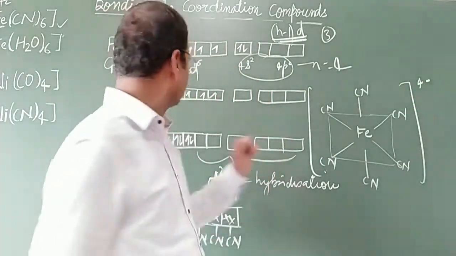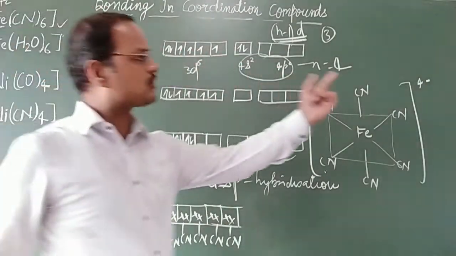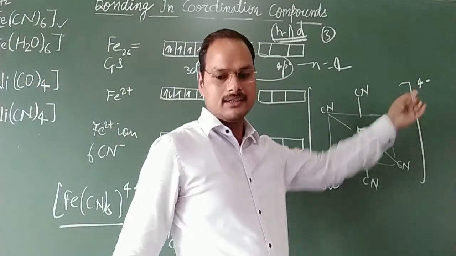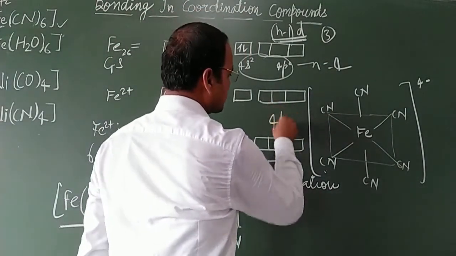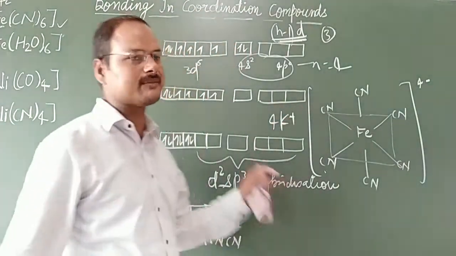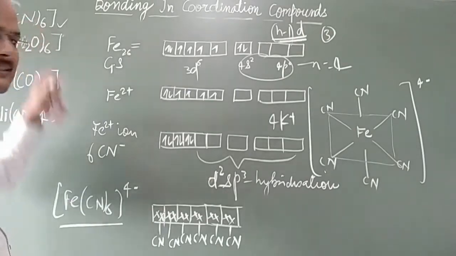I hope you understand. Now see, to neutralize this 4 negative, there should be 4 K positive ions, and that's why the complete formula of this compound is K4[Fe(CN)6].